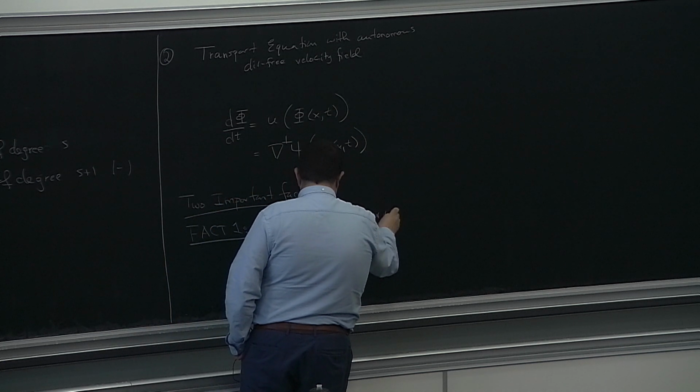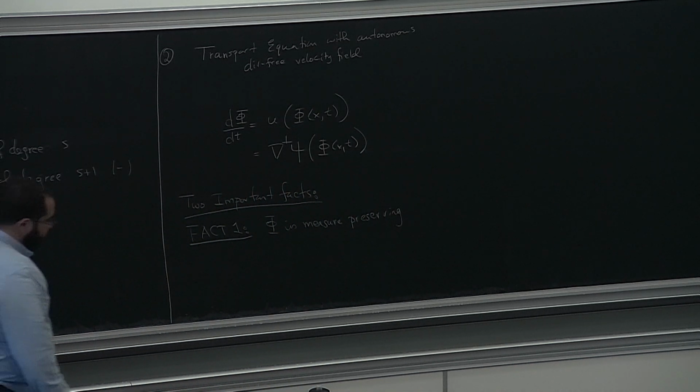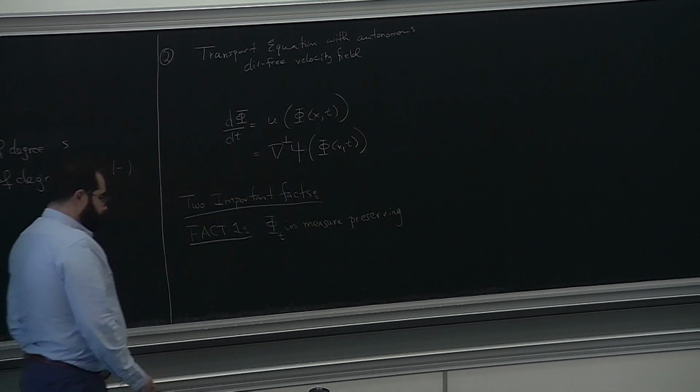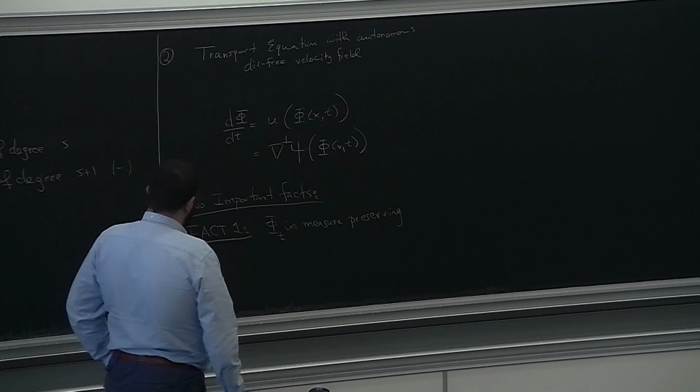I don't think we're actually going to use this fact today. Well, I should say phi_t: for every t, phi_t is a measure preserving mapping of the spatial domain to itself.